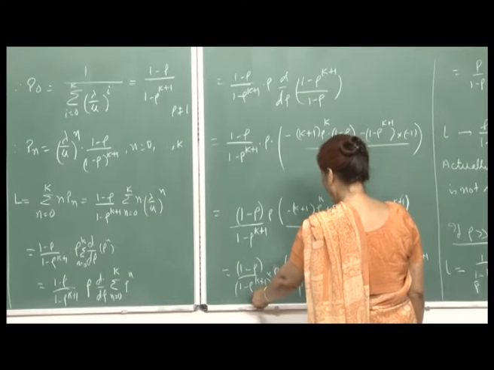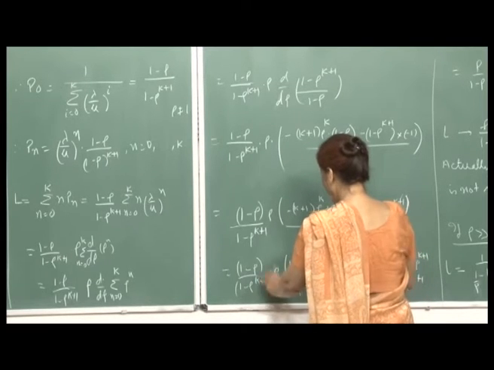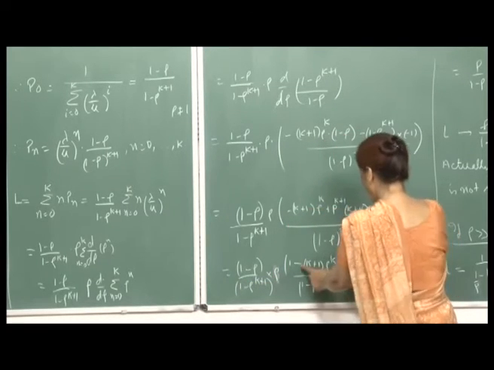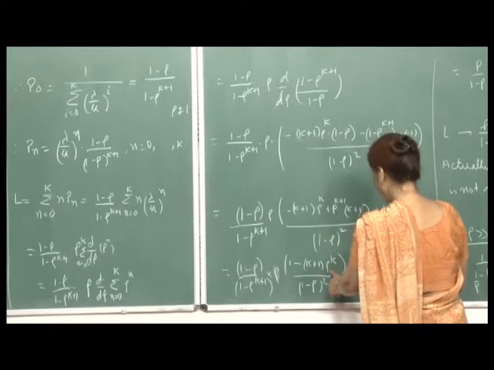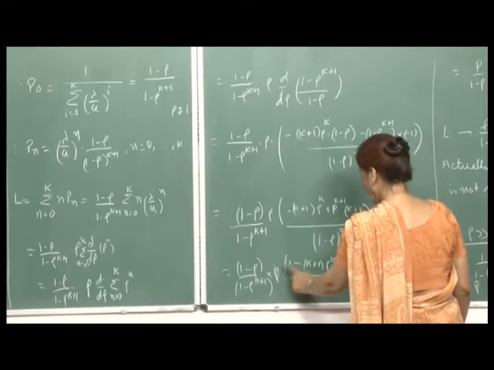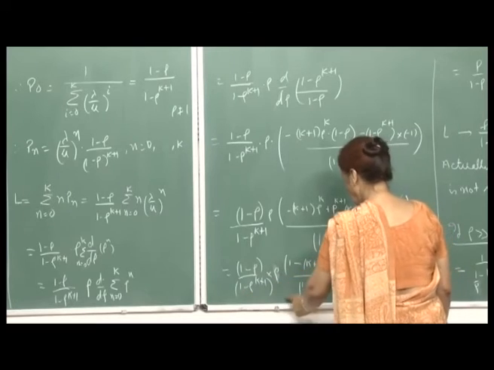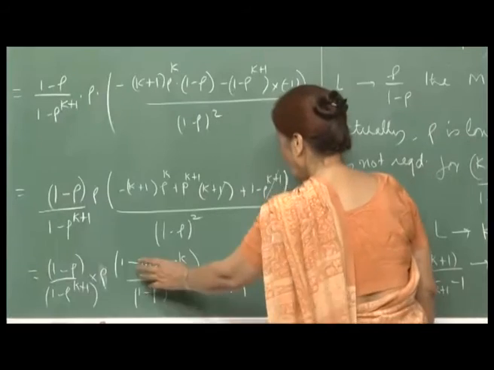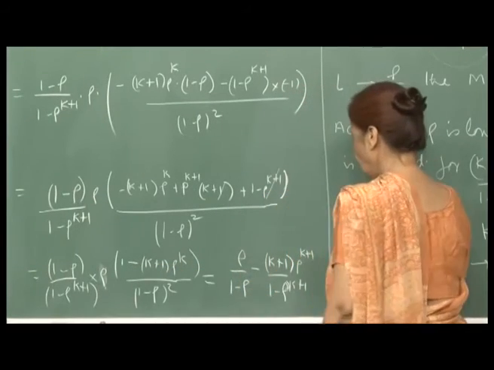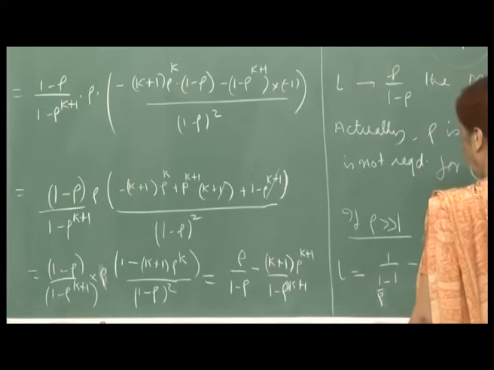So, rho (1 minus rho) I have written out here, and there is a 1 here, which gets coupled with this. So, minus (k+1) rho^(k+1), rho is outside here, divided by (1 minus rho^(k+1)). You can easily see this simplifies to this expression.